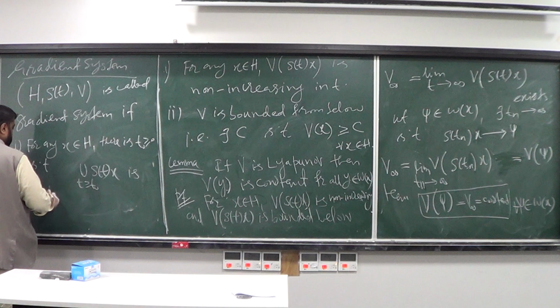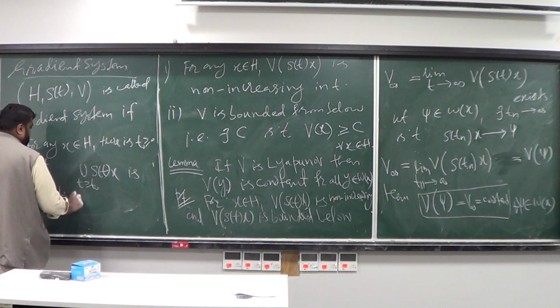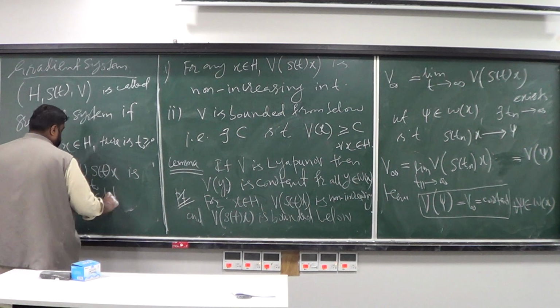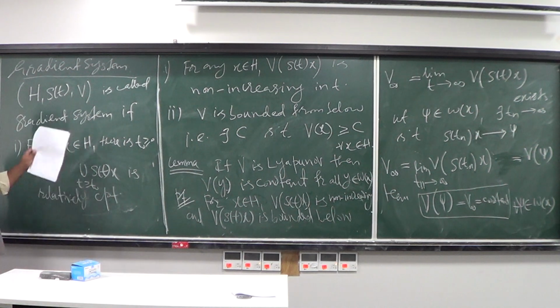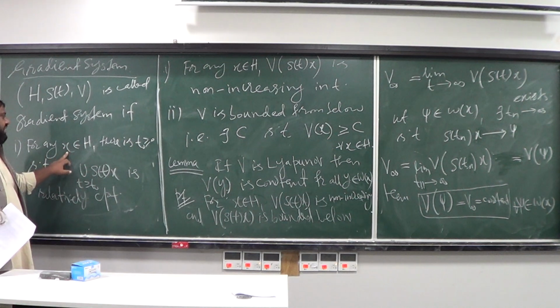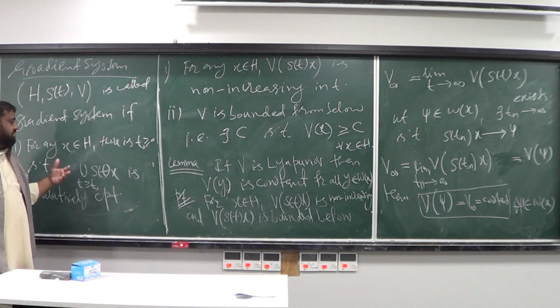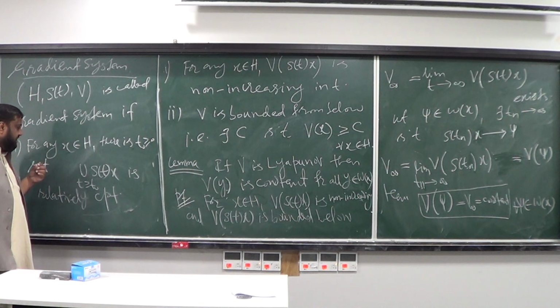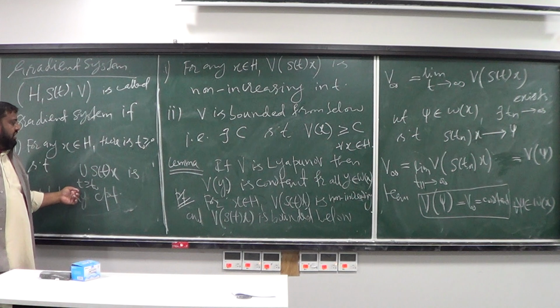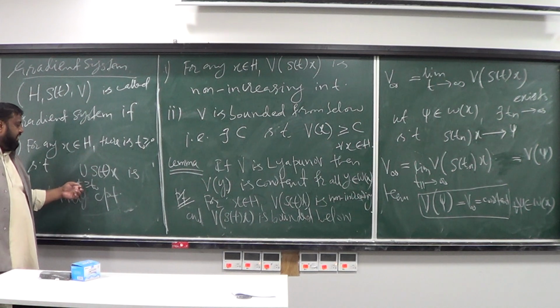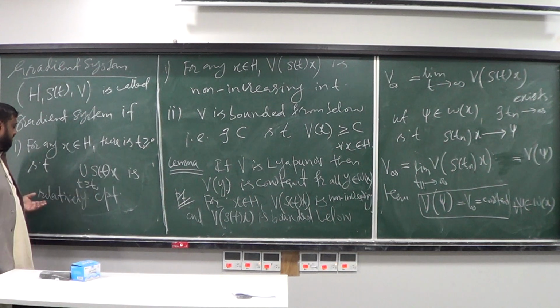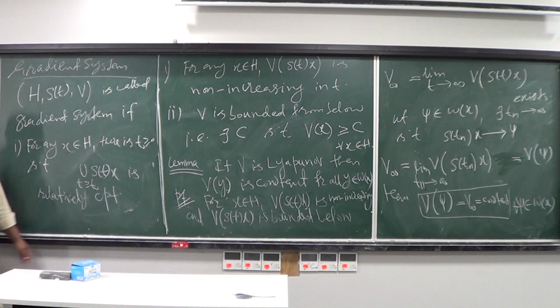So the first thing is that these orbits are relatively compact for any x in H. In other words, no matter what x you take, you can find an instant such that after t0, these orbits are relatively compact.